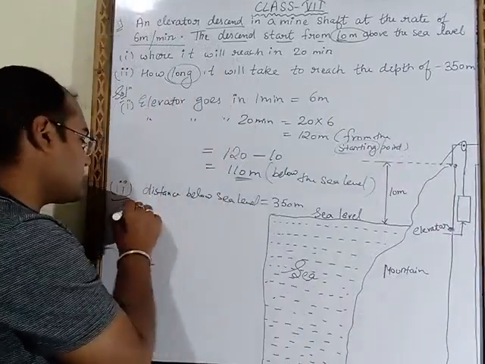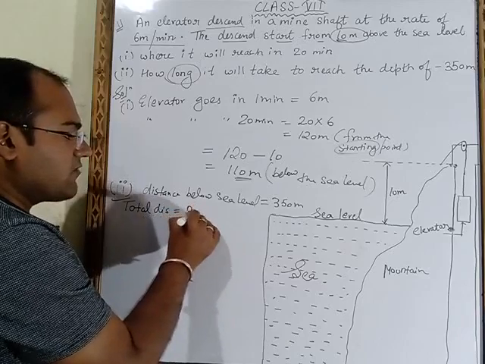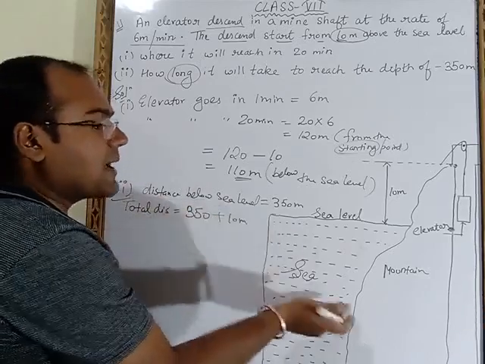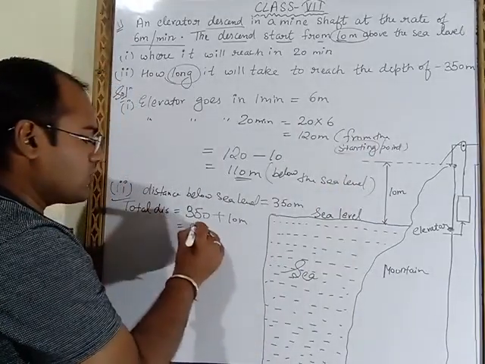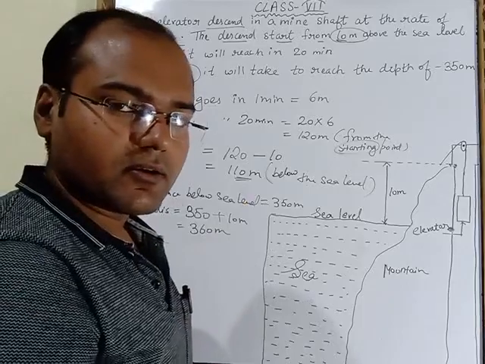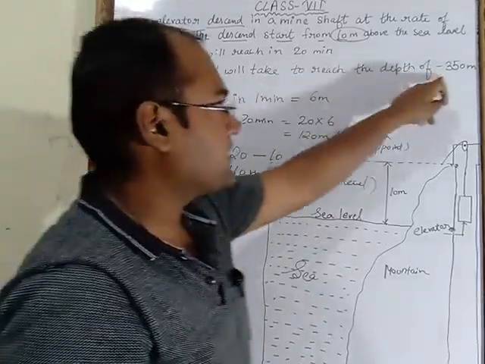So total distance will be 350 meter below the sea level plus 10 meter above the sea level. So total distance will be 360 meter. This is minus 350 meter.